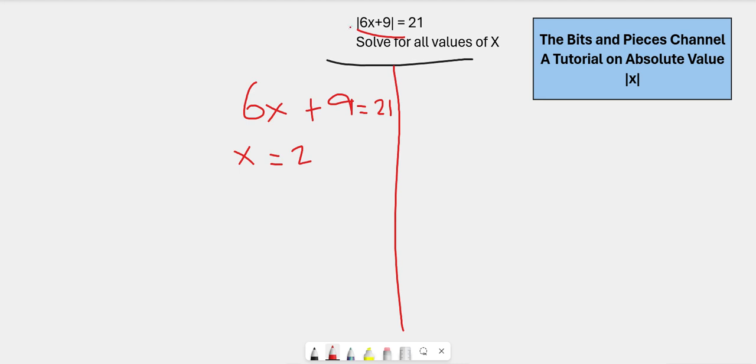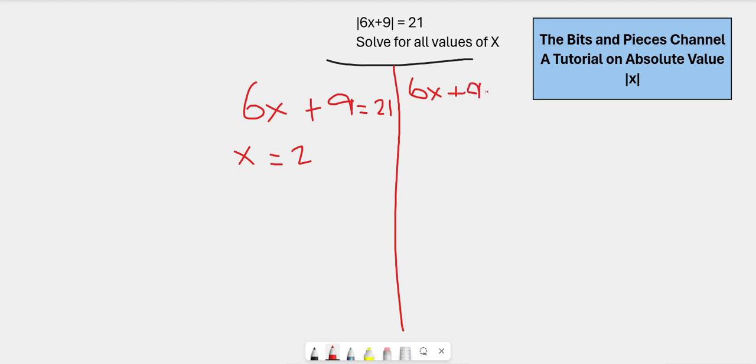So this time, the easiest way to do it is that we have to think of it like there is a new negative solution, right? If this could be any number, 6x could be any number, and we don't know if it's a positive or if it's a negative. So the easiest way to find out what both the solutions are is that we could do 6x plus 9 is equal to negative 21.